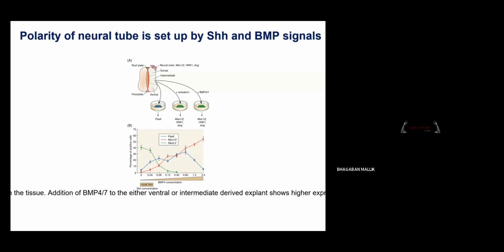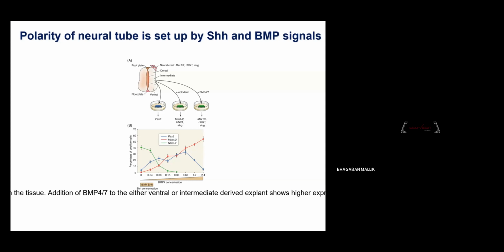You have other cells mentioned in the previous slide, and here you have the formation of the floor plate due to the activity of the notochord. You have formation of a roof plate, and you have the dorsal side and the ventral side. They have done a similar kind of experiment here to show how BMP, the bone morphogenetic protein, regulates the dorso-ventral patterning in the animals.